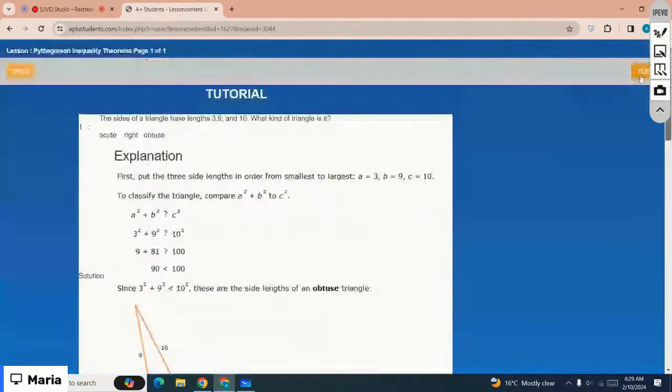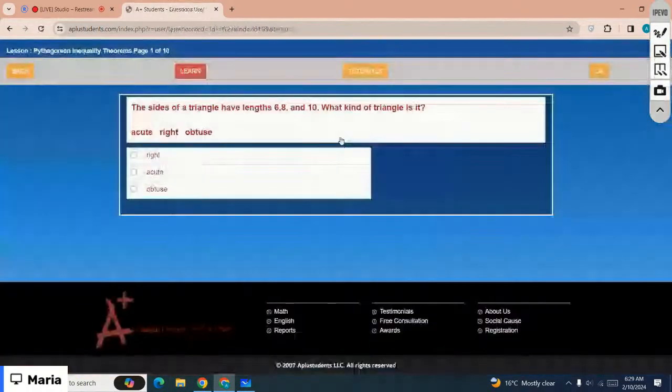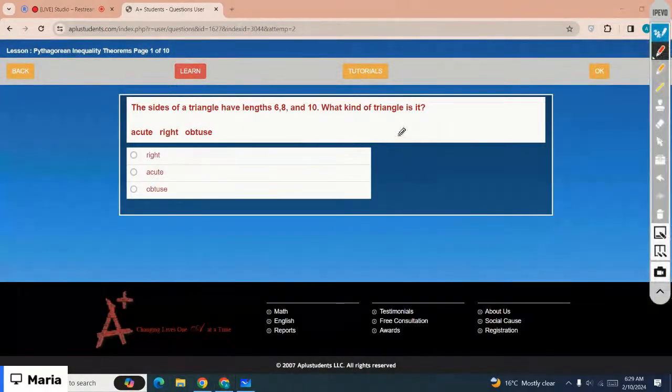Let's just start with the test question. Okay, the sides of the triangle have length 6, 8 and 10. What kind of triangle is it? Okay, let's just solve, right? You have to do 10 square equals 8 square plus 6 square. You don't have to put equal, right?